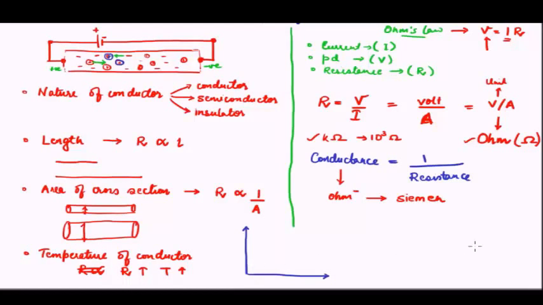We fix a resistance, we change the potential, and we measure how much current is flowing for each potential, and if we plot those values, we will find them falling on a straight line.